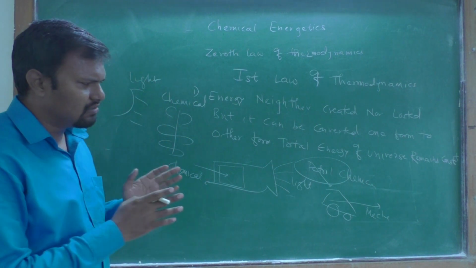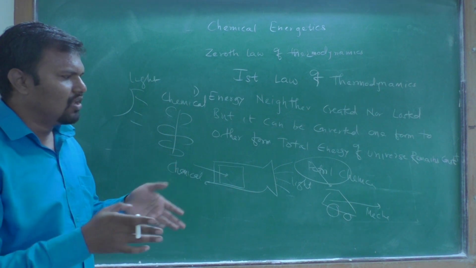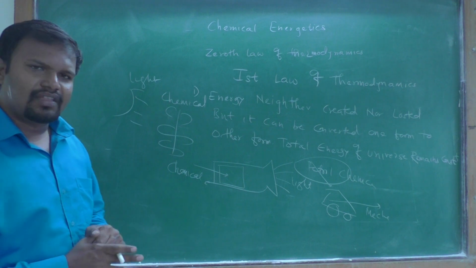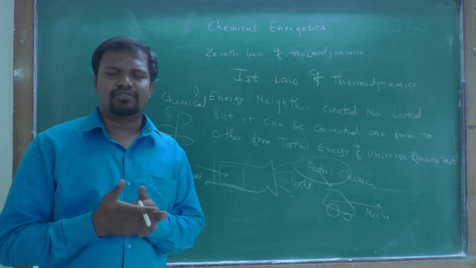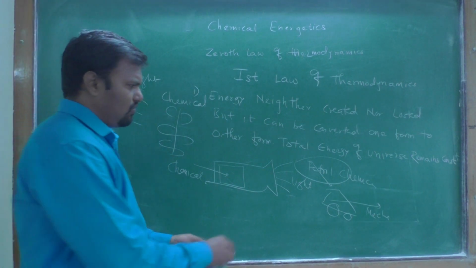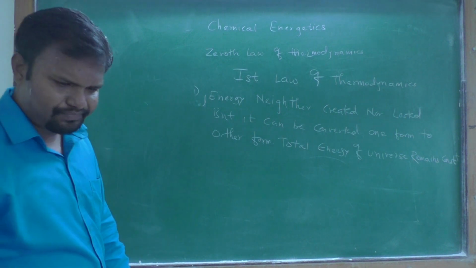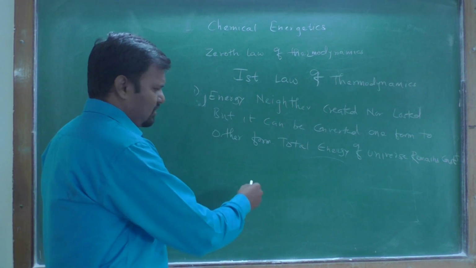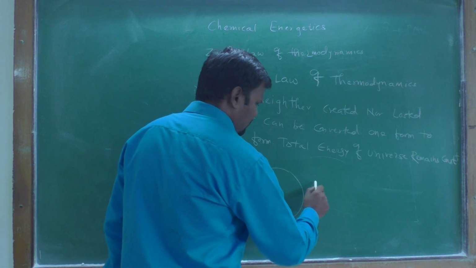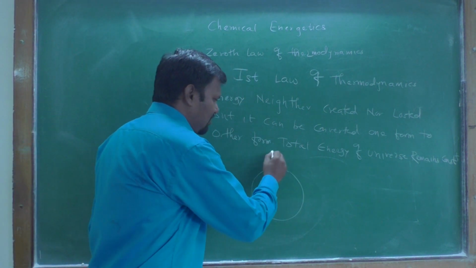These are a number of forms of energy. One can convert it from one form to another form, but ultimately the energy of the universe remains constant. For the sake of convenience, I have taken one example here. Suppose there is an isolated area in a sea, outside there is sea, and 4 people are living there.